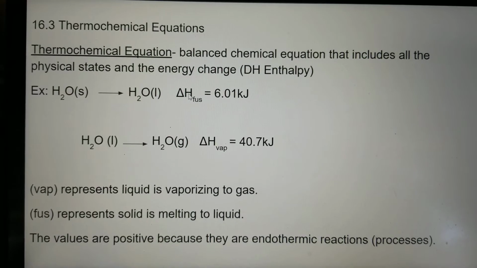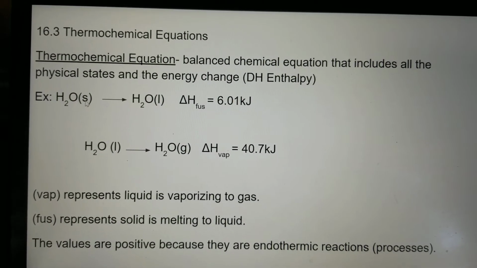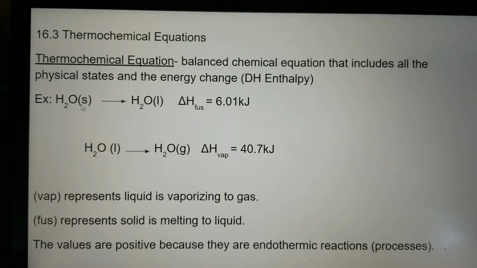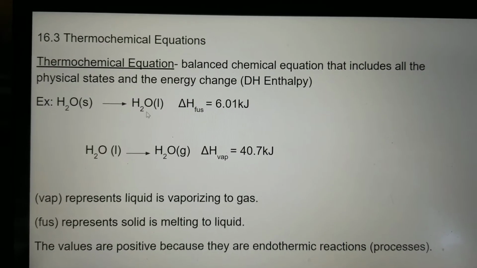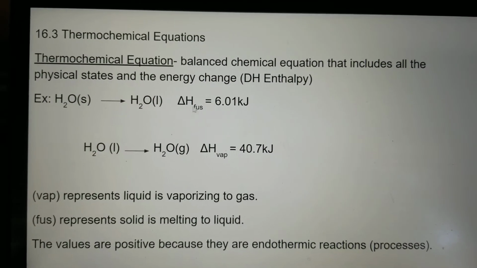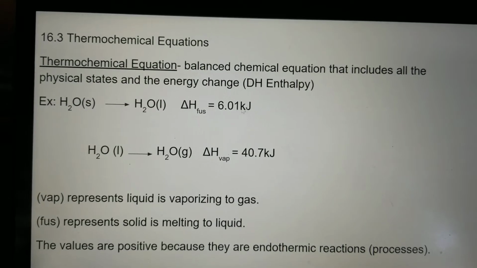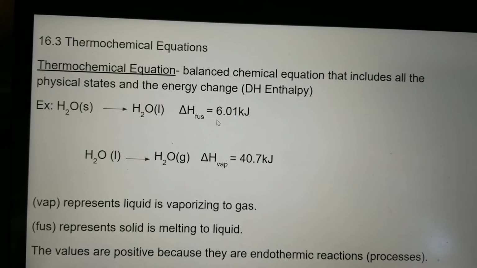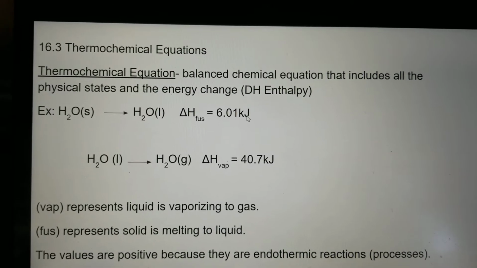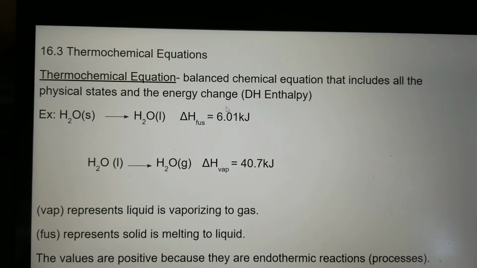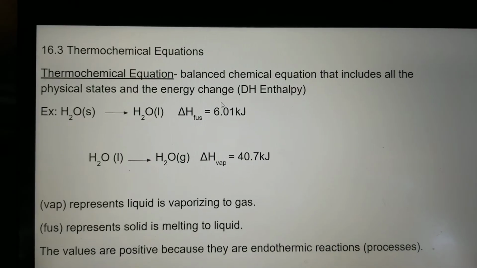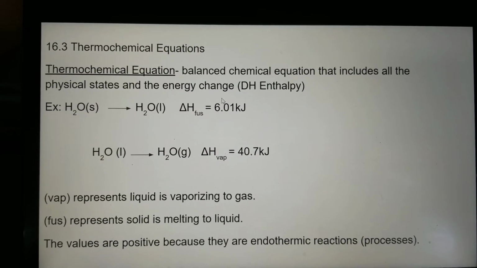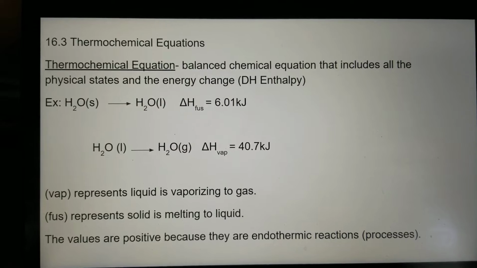So this is a balanced equation: water, solid, which would be ice converting into liquid water, melting. And the delta H value for that process is a positive 6.01 kilojoules. Notice it's a positive value. Positive values, as stated in the previous slide, are endothermic.